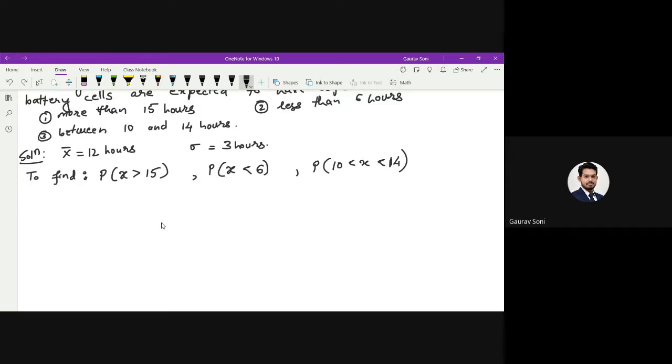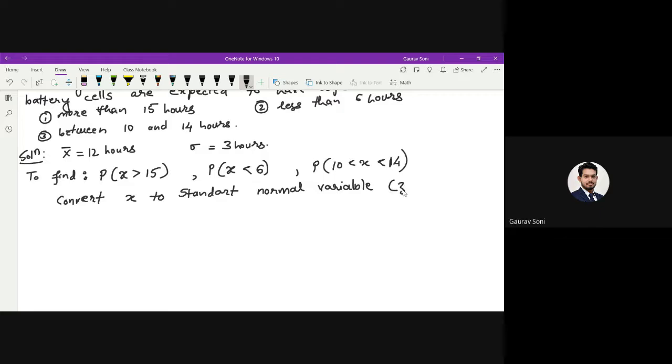Standard normal variable is Z. So whenever we are dealing with a normal distribution, we will convert x to the standard normal variable. And how do we do that?